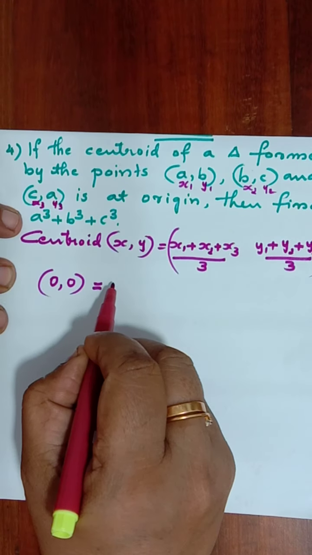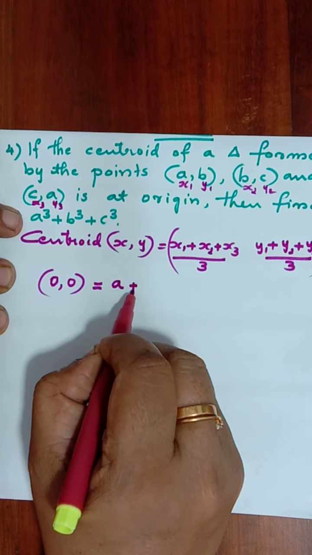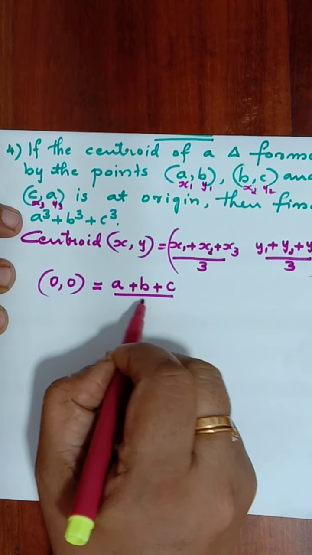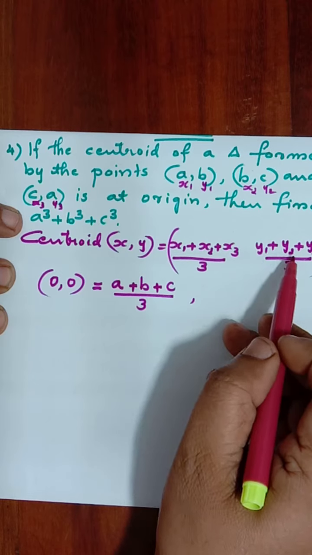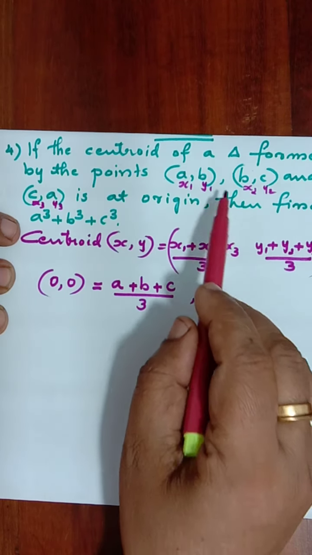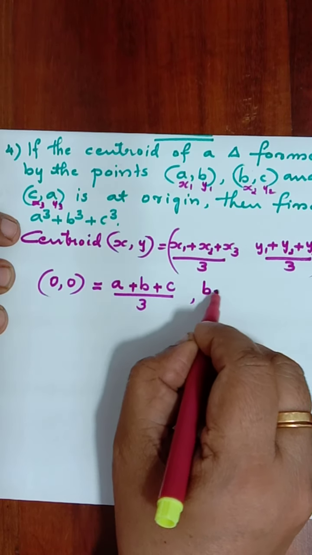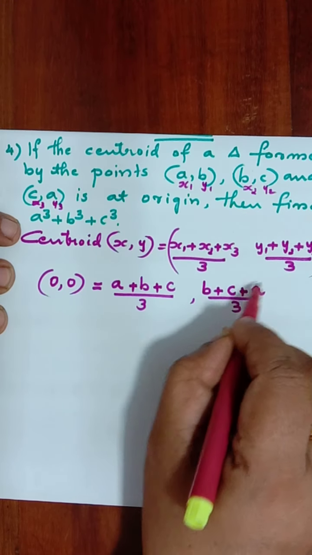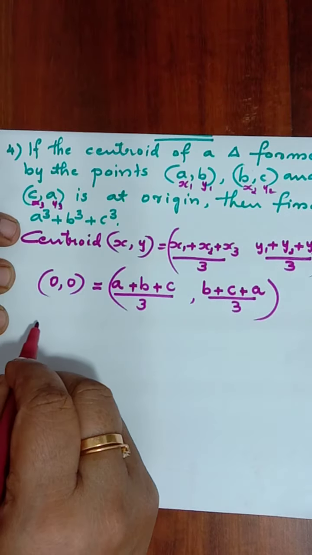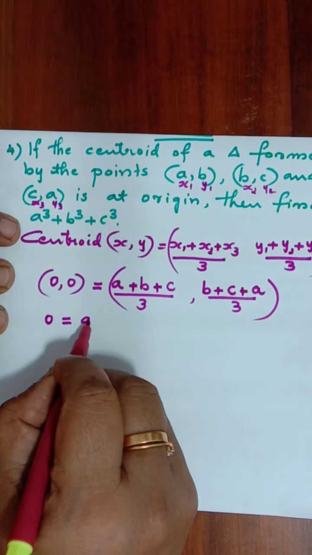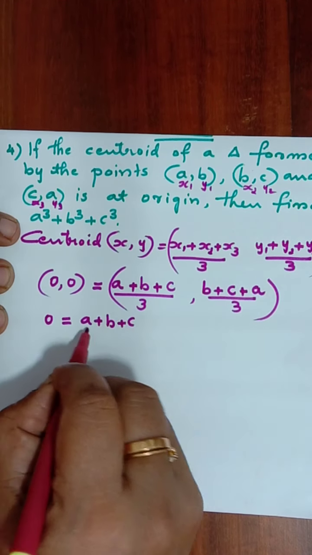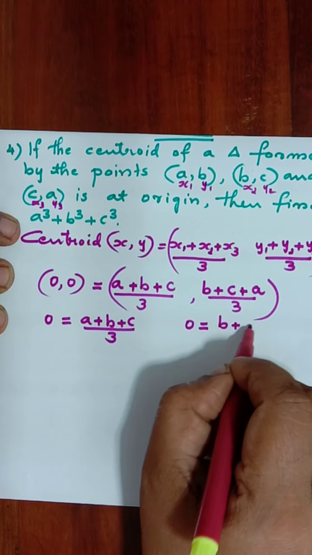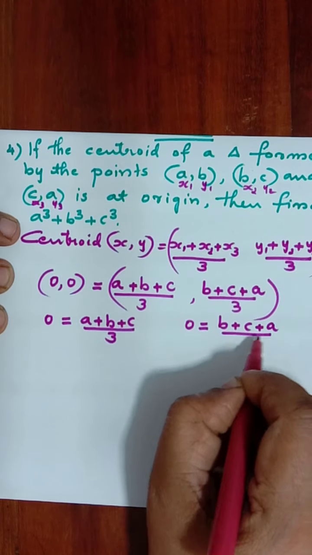Let us substitute that. x1 is A, x2 is B and x3 is C, by 3, and y1 plus y2 plus y3 by 3. y1 is B, y2 is C, y3 is A, divided by 3. We can compare x coordinate. 0 is equal to (A plus B plus C) by 3. Here in y coordinate also (B plus C plus A) by 3.